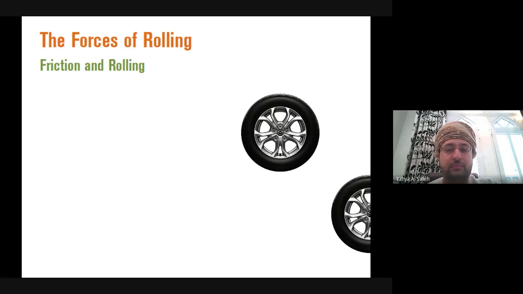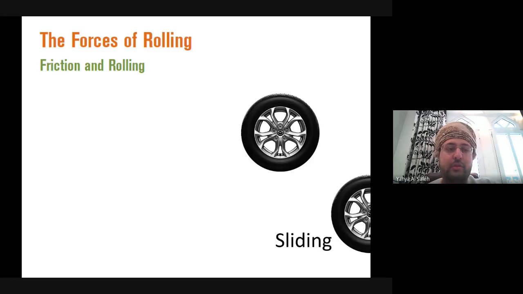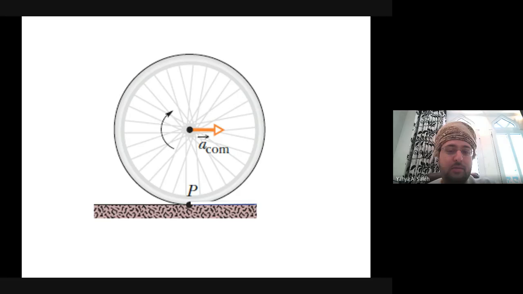Now the physics of these two are quite different. When sliding is involved, we have to alter our mechanisms a little bit. So let's take a look at both of them.